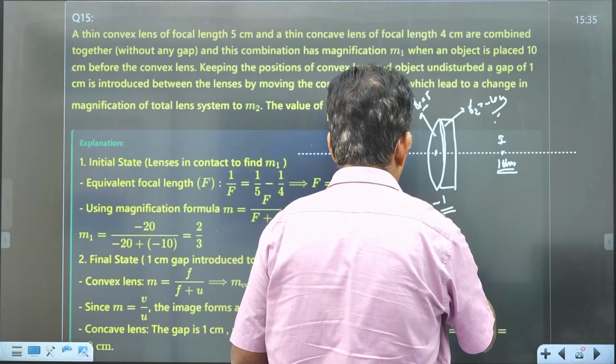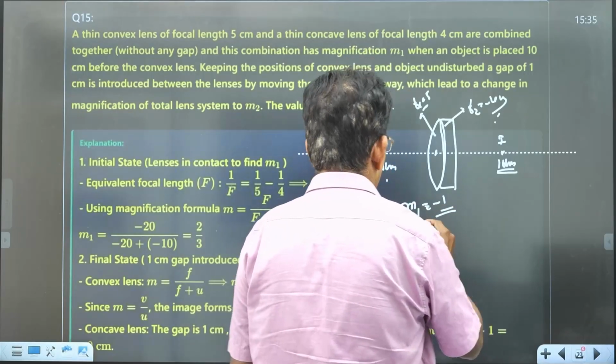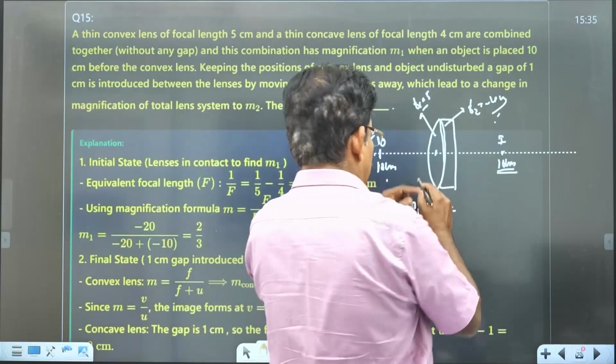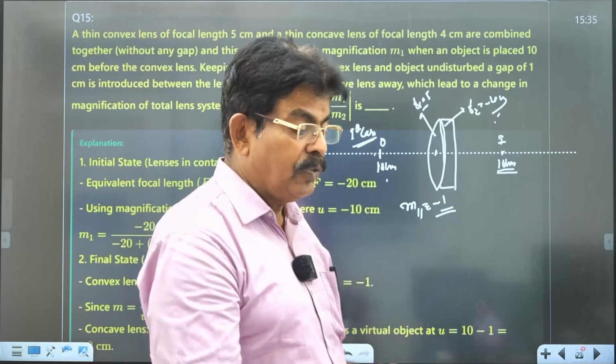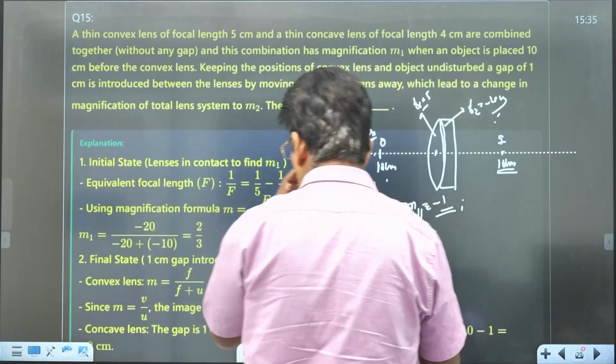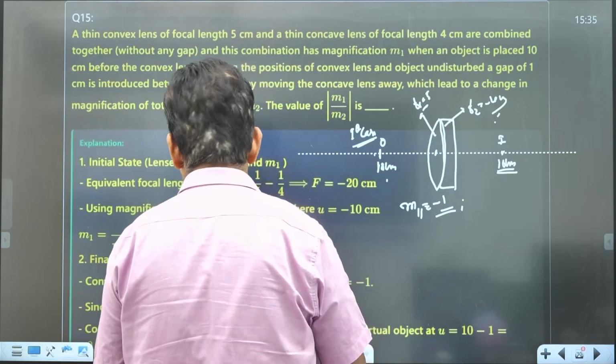I told you the magnification in the first case due to the first lens is M11. Then M12, what can we calculate?